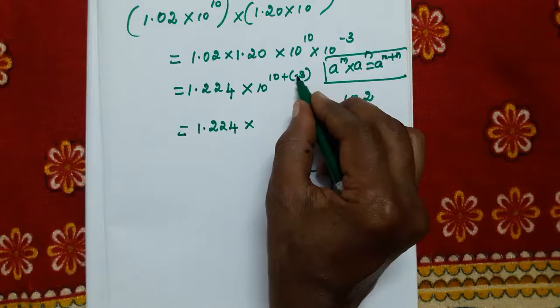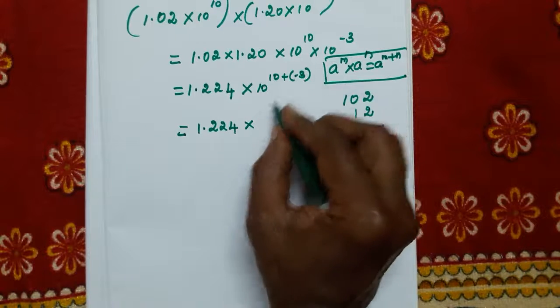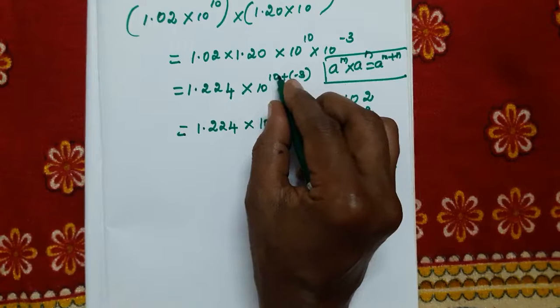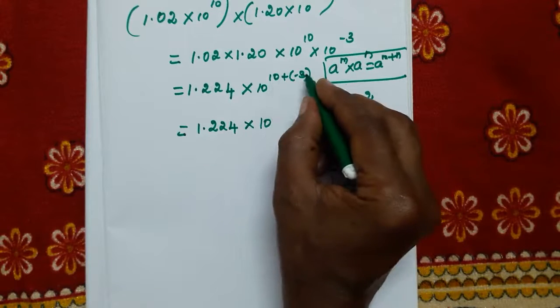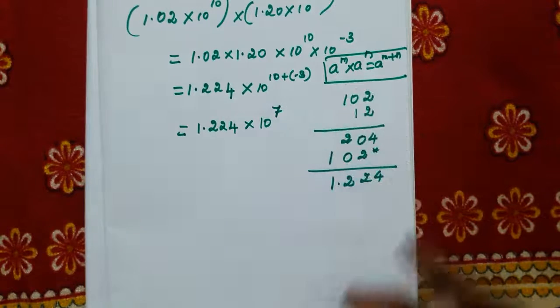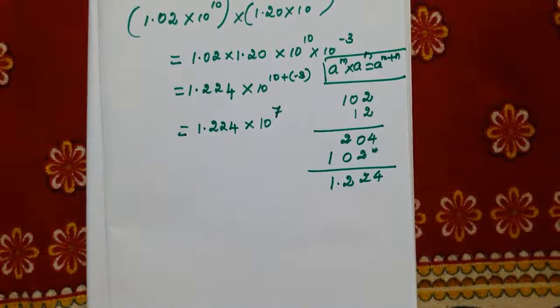When we are adding a plus and a minus, what we have to do? We have to subtract and write the sign of the greater number. So 10 minus 3 is 7. So 10 power plus 7 is the answer. Have you all understood this? Okay.